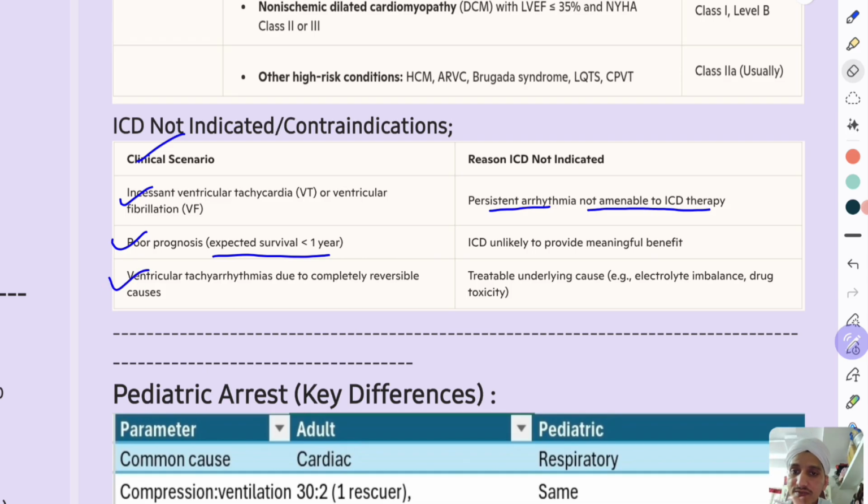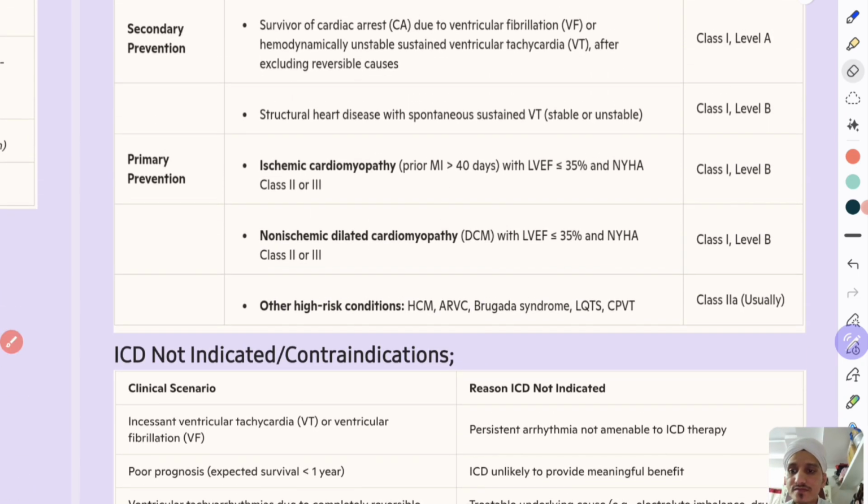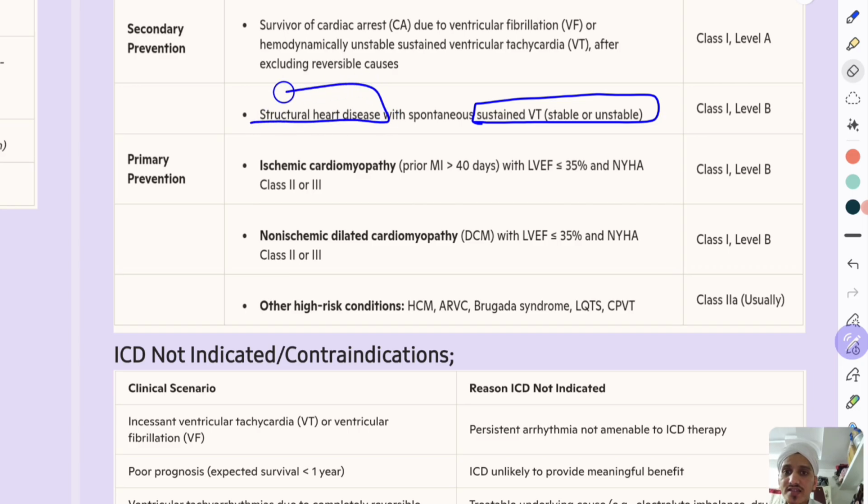Ventricular tachyarrhythmias due to completely reversible causes. Treat the underlying cause like electrolyte imbalance, drug toxicity, so that ventricular tachycardia will reverse. Just see here, we have just now learned spontaneous sustained ventricular tachycardia with structural heart disease.